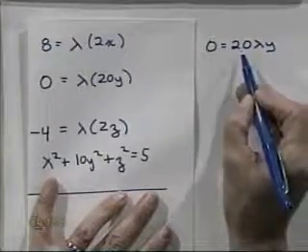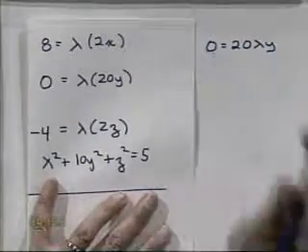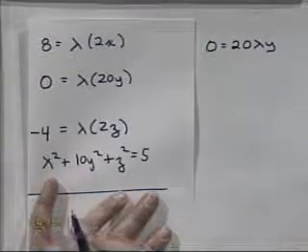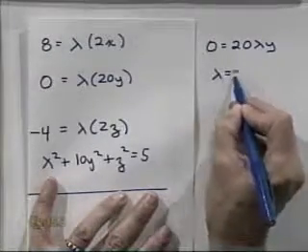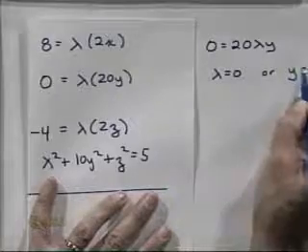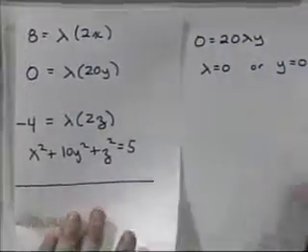Now, if you have 20 times lambda times y to equal 0, what are your options? Lambda could be 0, or y could be 0. You all with me on that one?